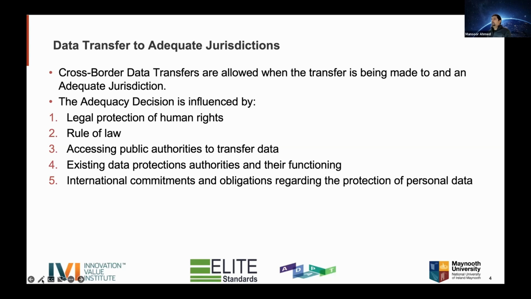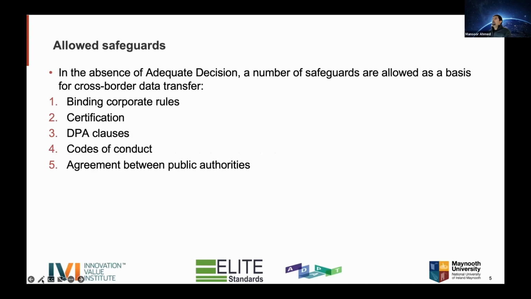How does it deal with public authorities accessing data? How is data transferred from one organization to another? It also considers existing data protection authorities and their functioning, and how international commitments and obligations regarding the protection of personal data exist.